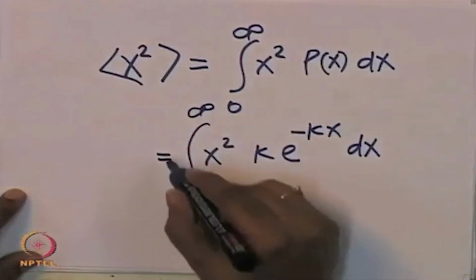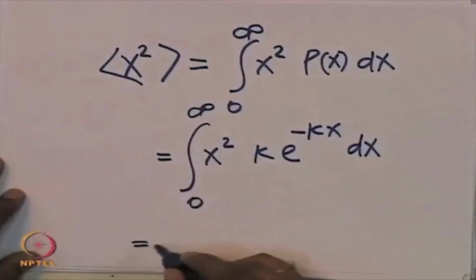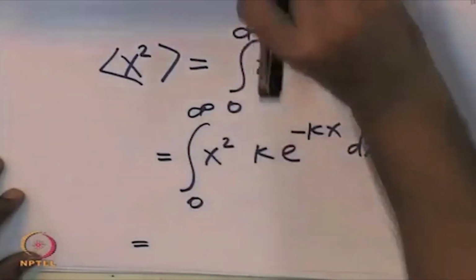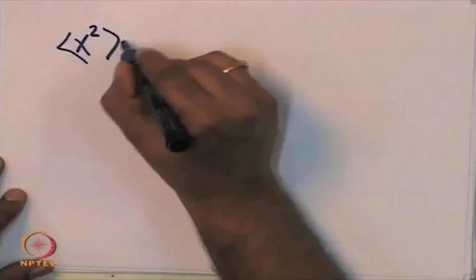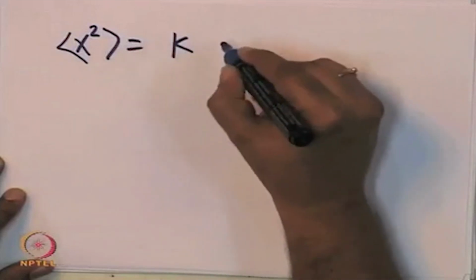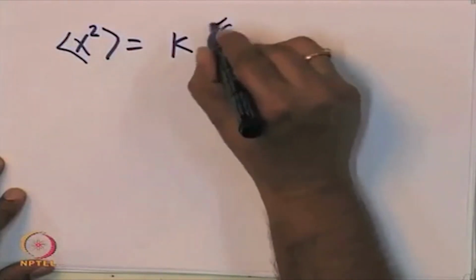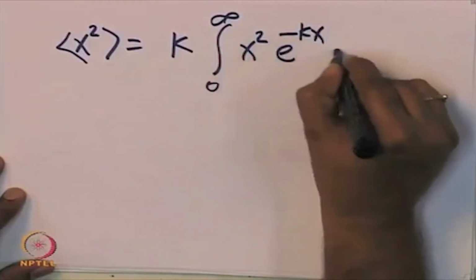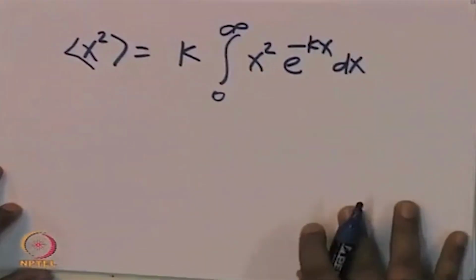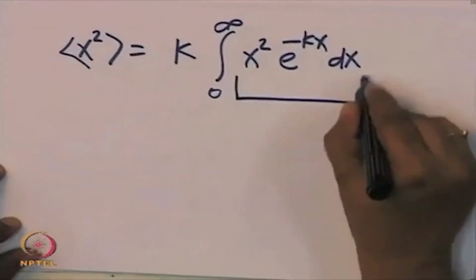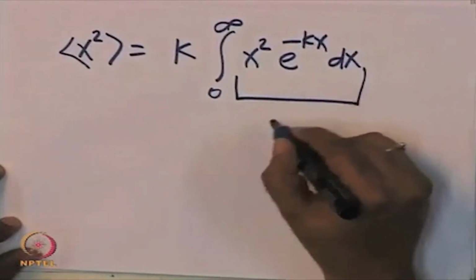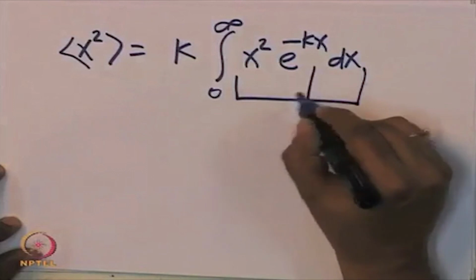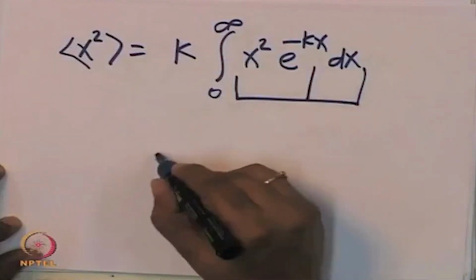I can take this k outside and write x square average as k into the integral 0 to infinity x square e power minus k x dx. And the standard technique is that you can write this x square e power minus k x.